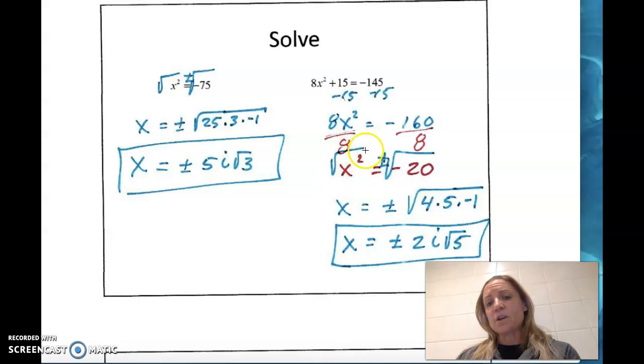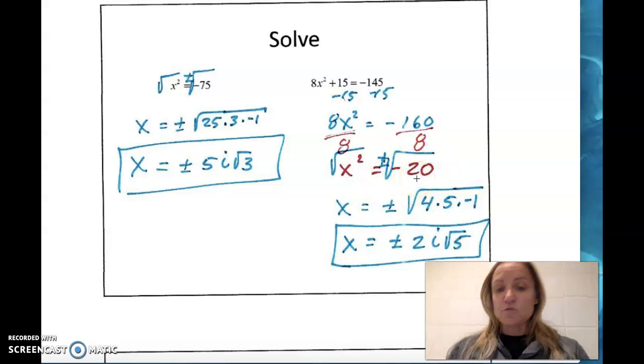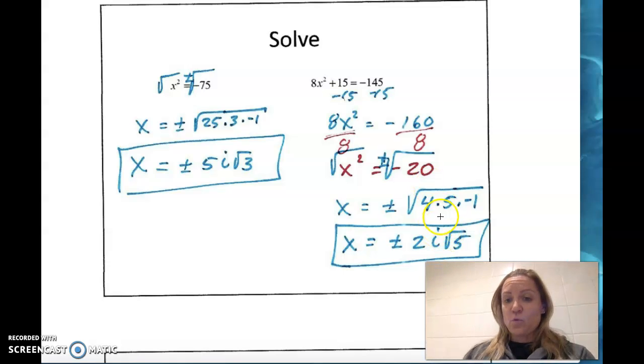Then the inverse operation of squaring is square rooting. And then we can simplify this square root of -20 to the square root of 4, which is a perfect square, 5, which is prime, and -1. So the square root of -1 is the i, the square root of 4 is 2, and the 5 doesn't have a partner, so it stays inside. And our 2 answers are from the plus minus.